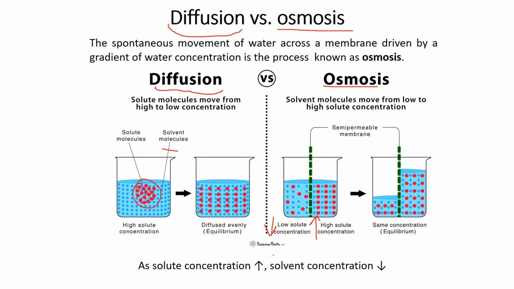Here is said to have high water concentrations because there is low solute concentration. And here we have low water concentrations, okay? And so water will move from areas of low solute concentration to an area of high solute concentration, as you can see here, in order to reach an equilibrium, okay?